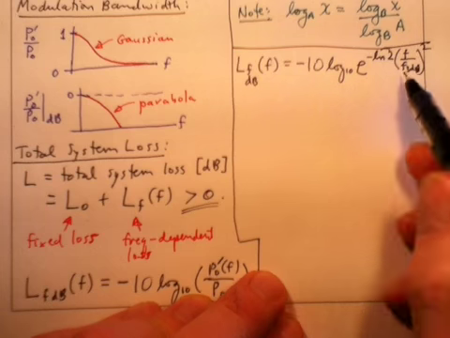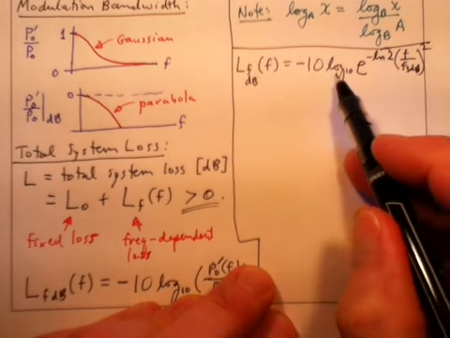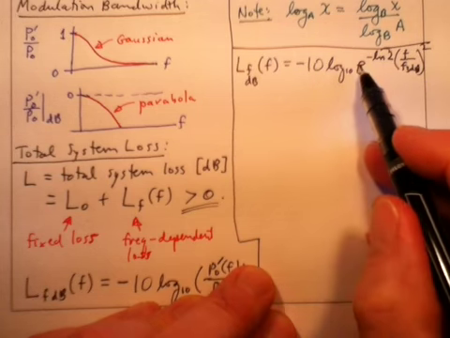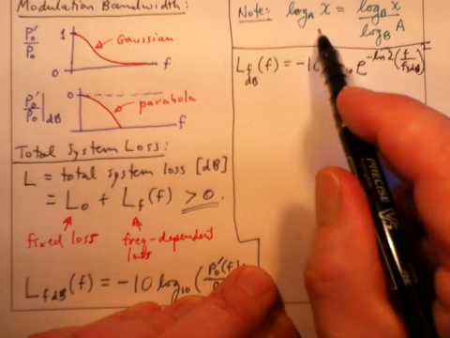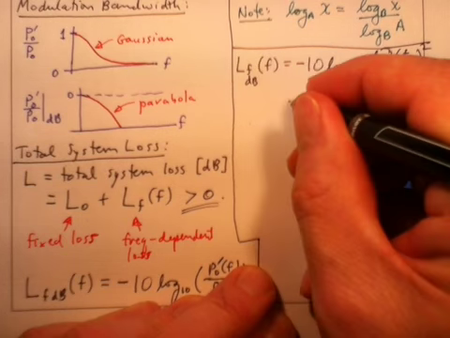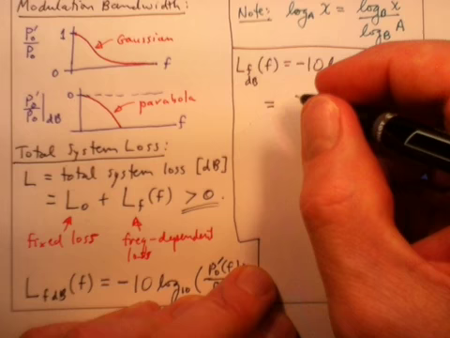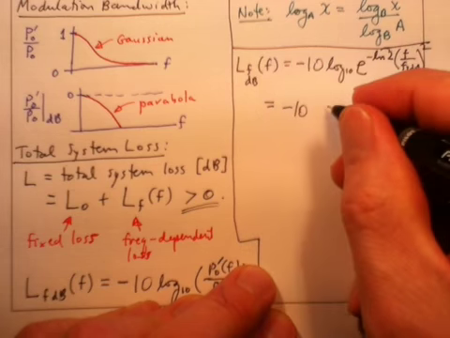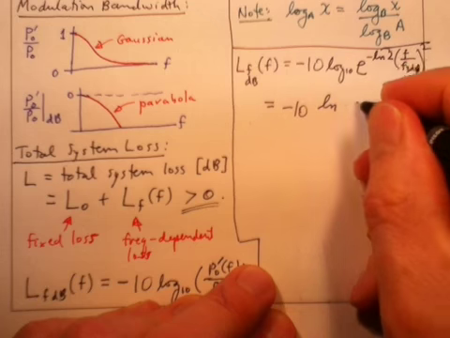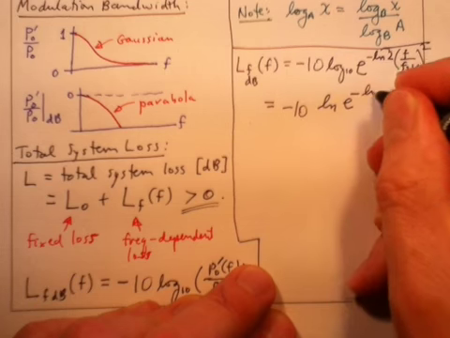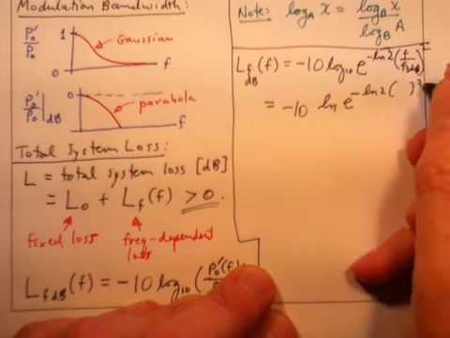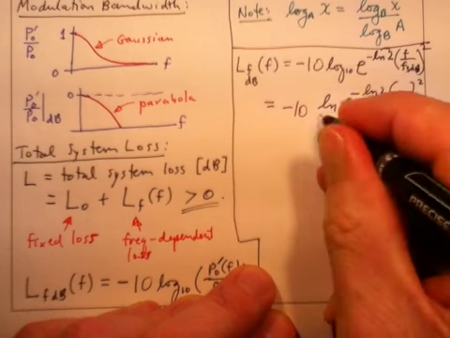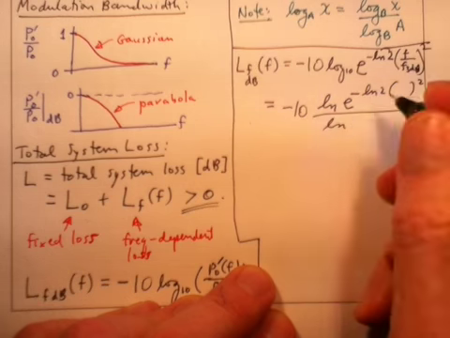Now I've got the log base 10 of e raised to a power, and I can use this log conversion, and what I'm going to get is minus 10 natural log of e to the minus ln 2 times the ratio squared, divided by the natural log of 10.